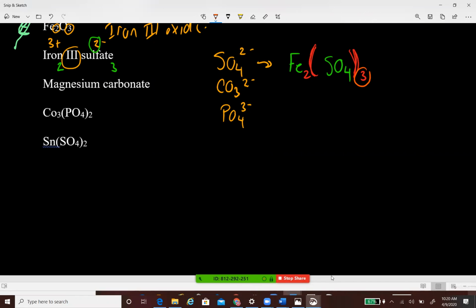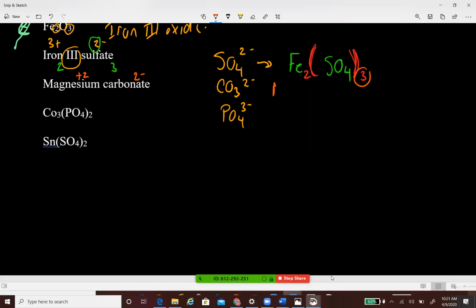If you look at the next example, it would be magnesium carbonate. From your periodic table, magnesium is plus 2 and carbonate is minus 2. Because these two numbers are the same, we know they're going to cancel out. So if you only need one polyatomic, then you don't need brackets.